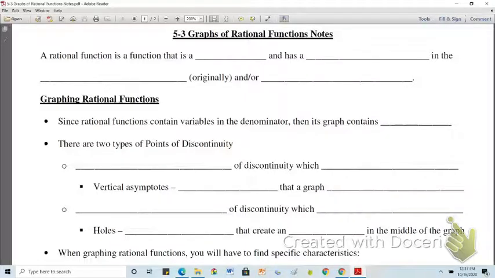Welcome back. Today we are going to do 5.3, which are graphs of rational functions. A rational function is a function that is a ratio and has a variable in the denominator originally, and or the numerator.